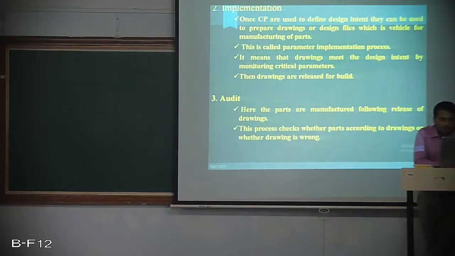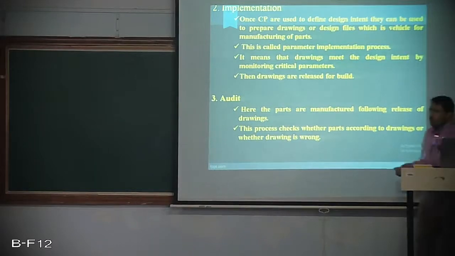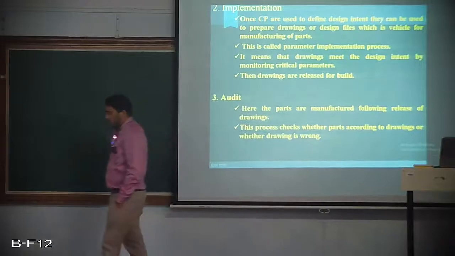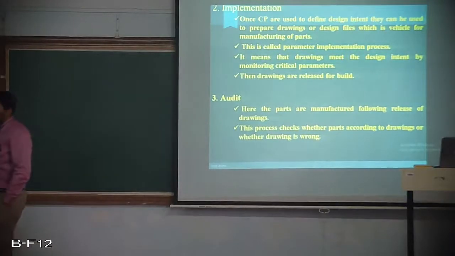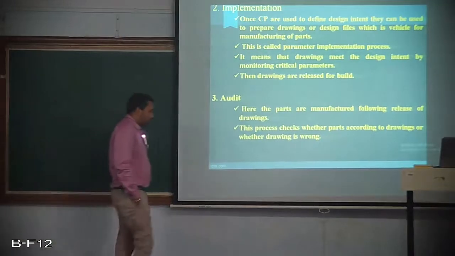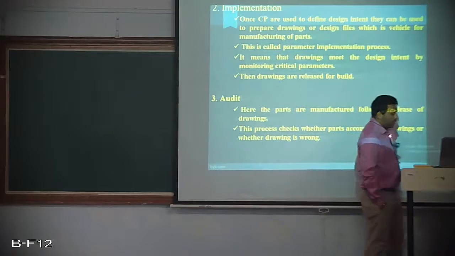Then the audit. Here the parts are manufactured following release of the drawings. This process checks whether the parts are according to the drawings, or whether the drawing is wrong. In the audit, the parts are manufactured with respect to the dimensions, tolerances, or GD&T symbols presented in the drawing. According to that, the part is manufactured using suitable available machines and tools.